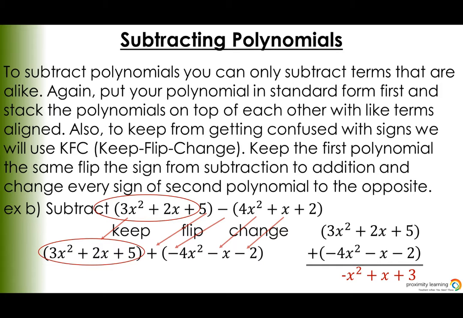We will use KFC: keep, flip, change. We are going to keep the first polynomial the same, flip the sign from subtraction to addition, and then change every sign of the second polynomial to the opposite of what it currently is.